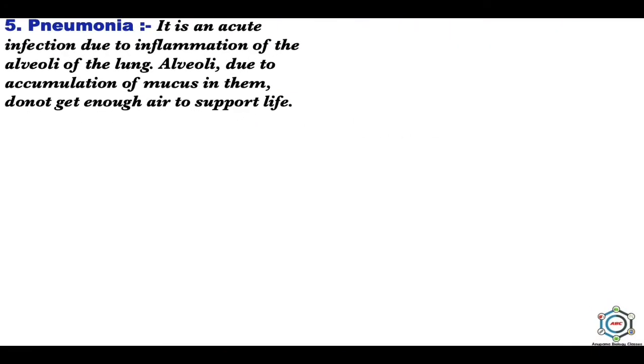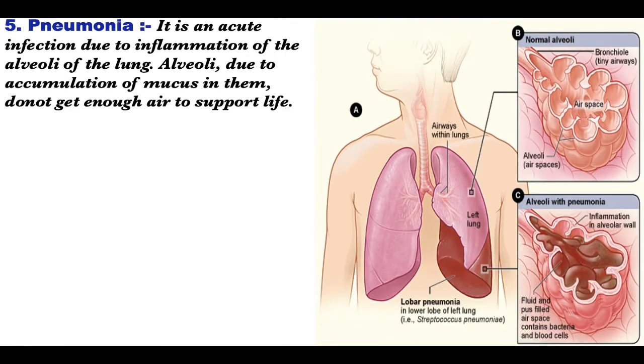Now pneumonia. Pneumonia is an acute infection due to inflammation of the alveoli of the lungs. Alveoli, due to accumulation of mucus in them, do not get enough air to support life. In the picture you can see A, B and C parts.